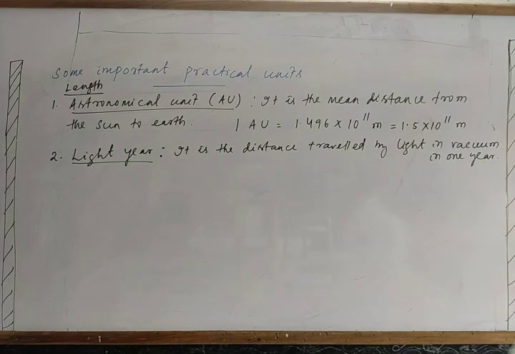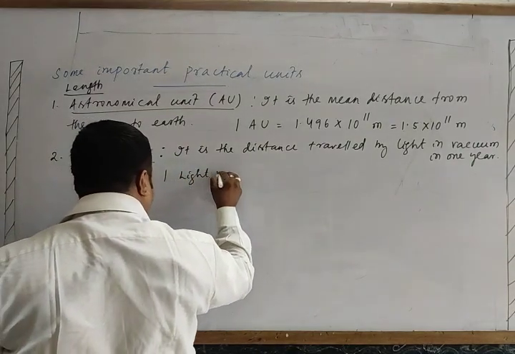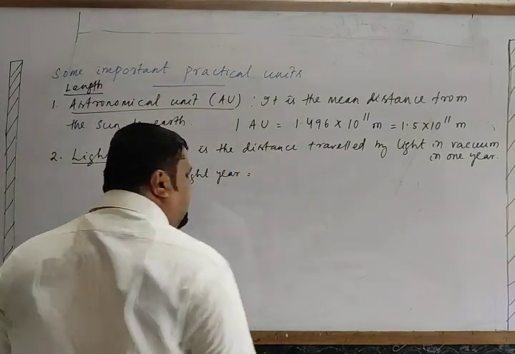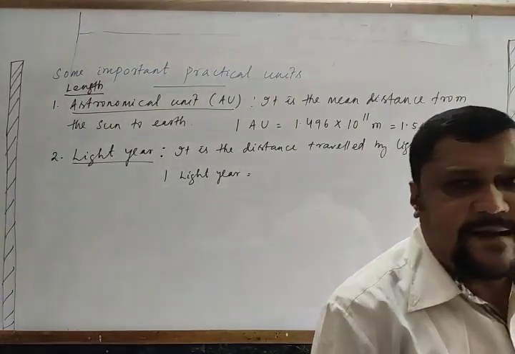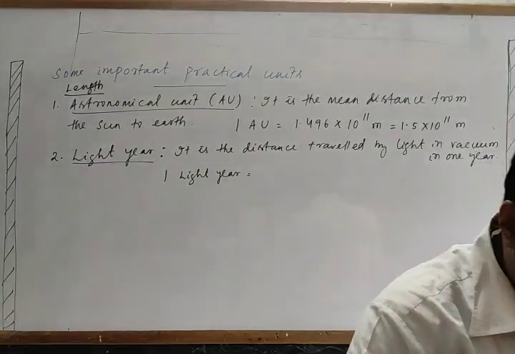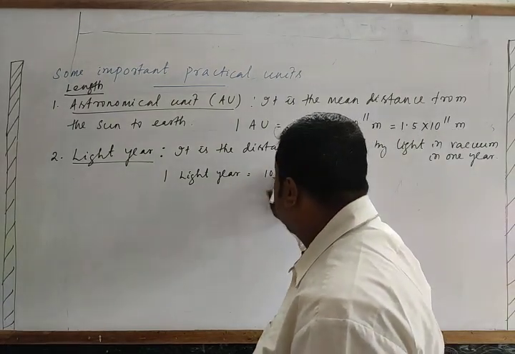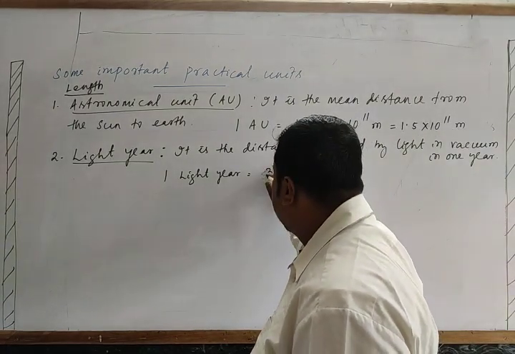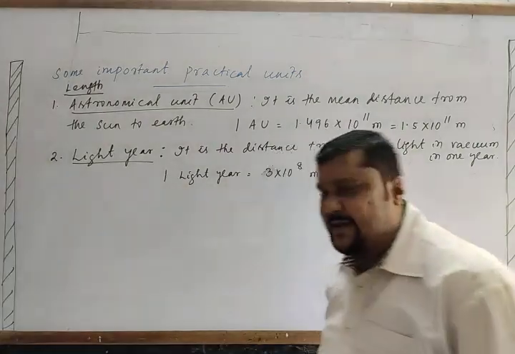How much is this? 1 light year is equal to... As you know, what is the distance traveled by light in 1 second? The speed of light in vacuum is 3 into 10 to the power 8 meter per second.